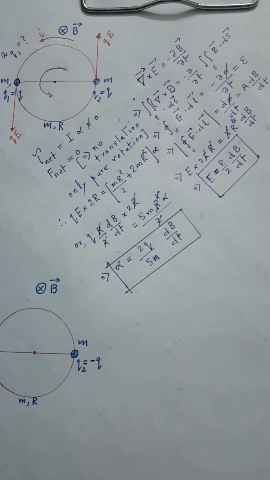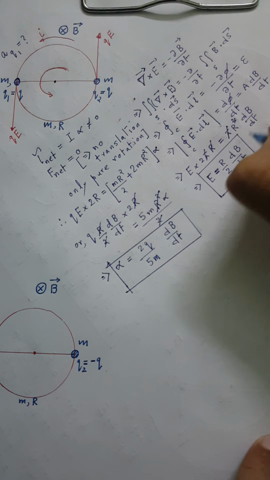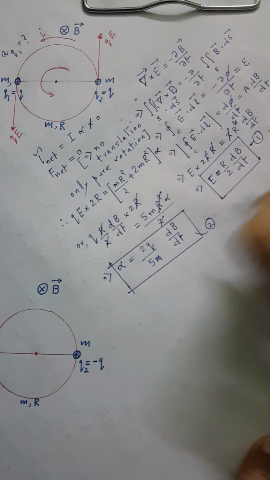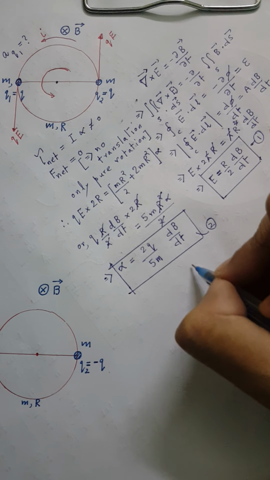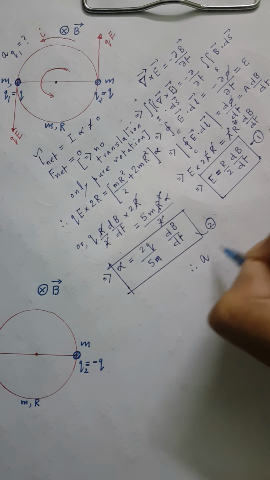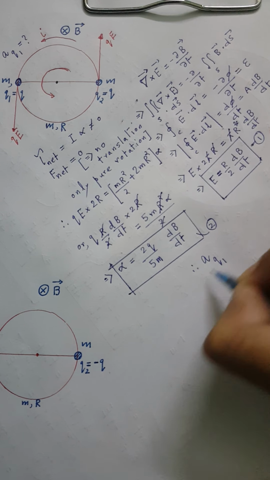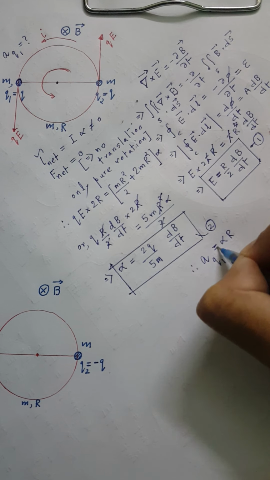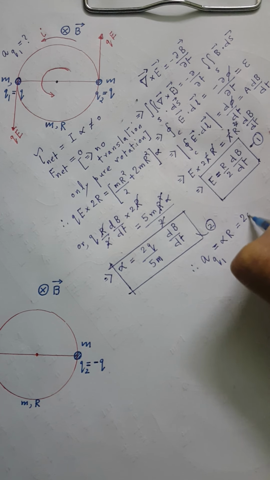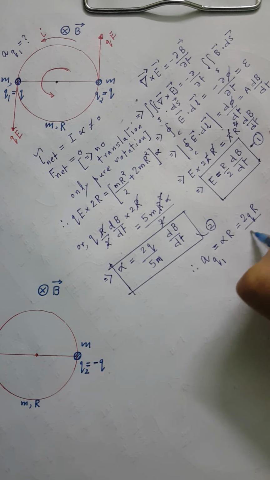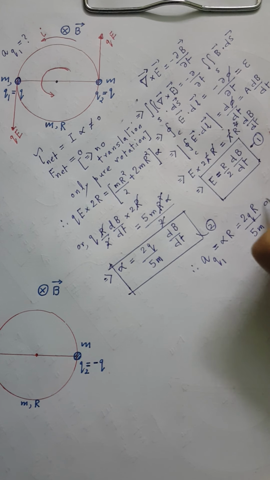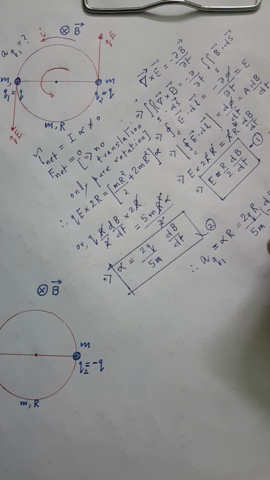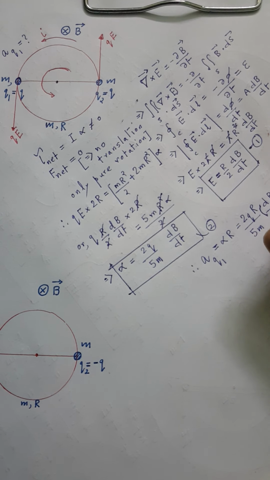Very, very important result. This is my equation 1 and this is equation 2. Therefore, the acceleration of the charge q1 is equal to alpha into r, which is nothing but 2qr by 5m dB dt.